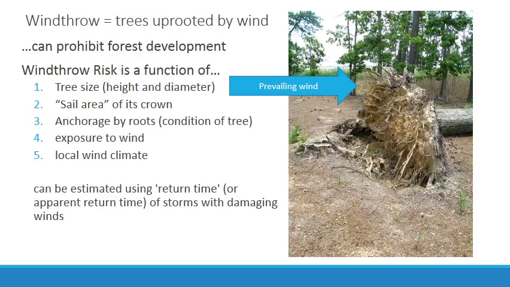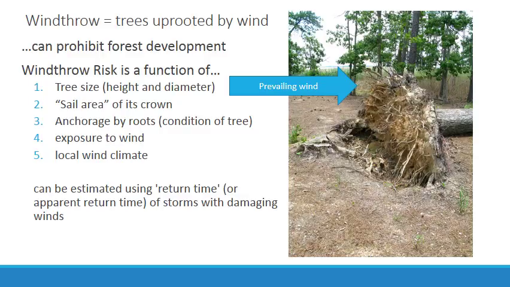The term wind throw refers to trees uprooted by wind, and wind throw is common in all forested parts of the world that experience storms or high wind speeds. The risk of wind throw to a tree is related to the tree's size, the height and the diameter, which is known as the sail area, and the anchorage provided by its roots, but also the exposure it has to the wind and the local effects of climate on the wind speed.